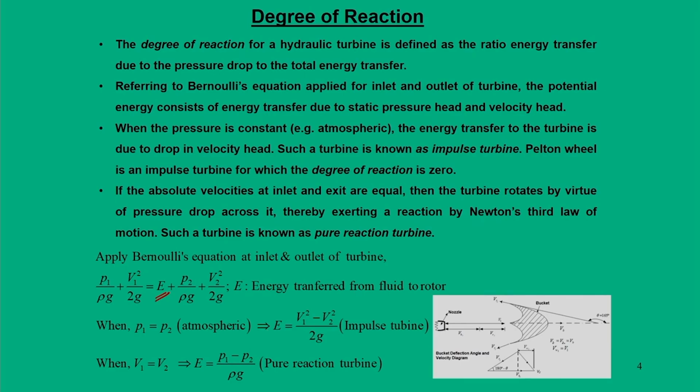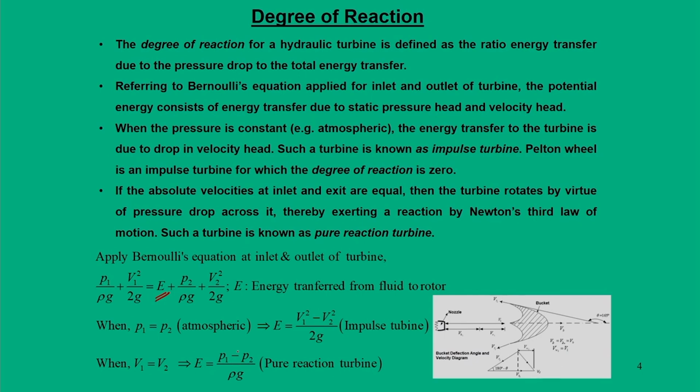Now, another category of turbines that can be thought of is this: instead of making P1 equal to P2, let us make V1 equal to V2. In that case, your velocity head will vanish. What we arrive at is E, the energy transfer from fluid to rotor, equal to P1 minus P2 by rho g.